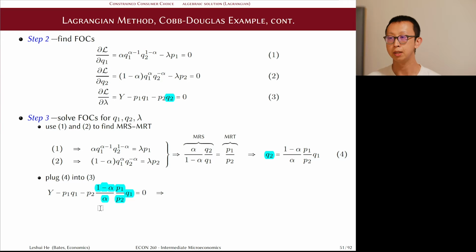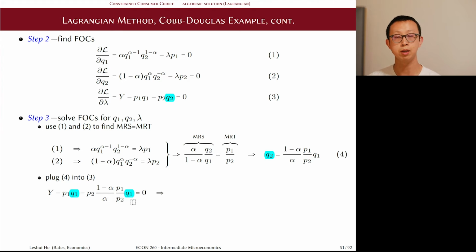Okay? And now they're combined into one equation with only one unknown, which is Q1. Everything else here are all exogenous variables: y, p1, p2, and alpha.